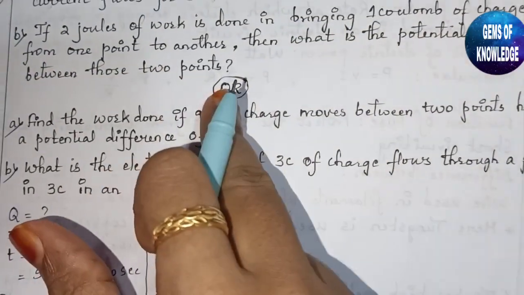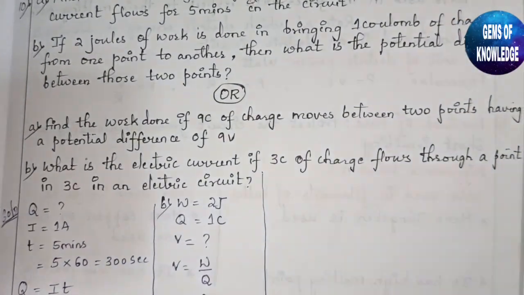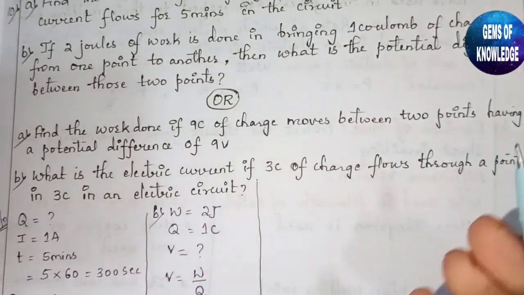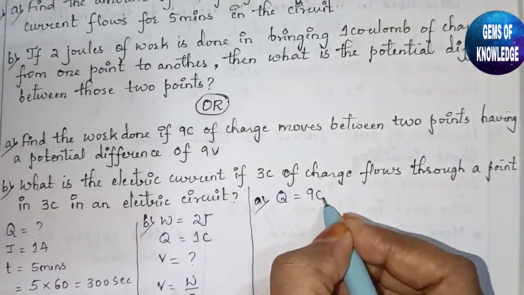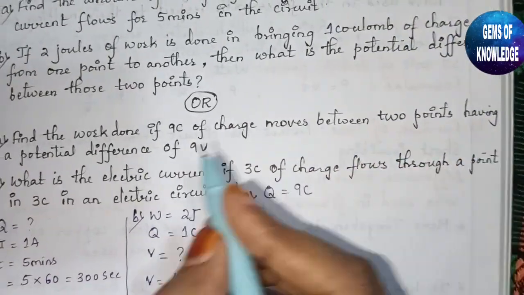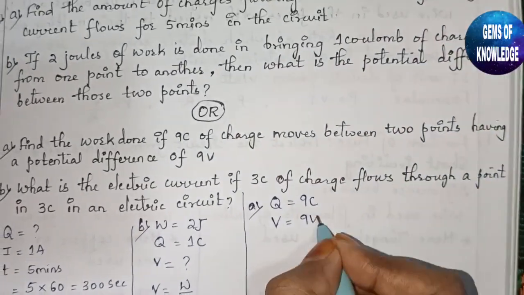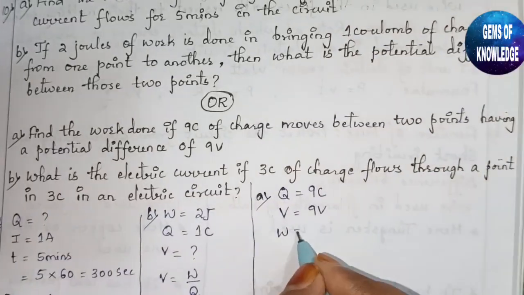10th one, a question is asked here again, the same question in a different manner. Find the work done if 9 coulomb of charge, Q is equal to 9 coulomb, moves between 2 points having a potential difference of 9 volt, V is equal to 9 volt. Now they are asking to find the work done, W is equal to question mark.